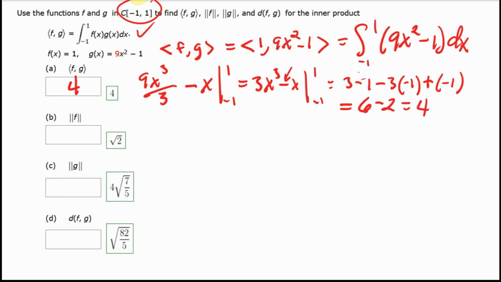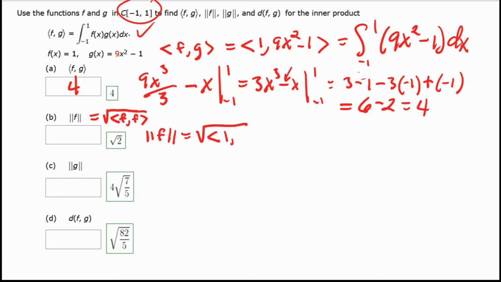So now the norm, which is defined as the square root of the inner product of the function with itself. So the norm of f is equal to the square root of the inner product of f with f.